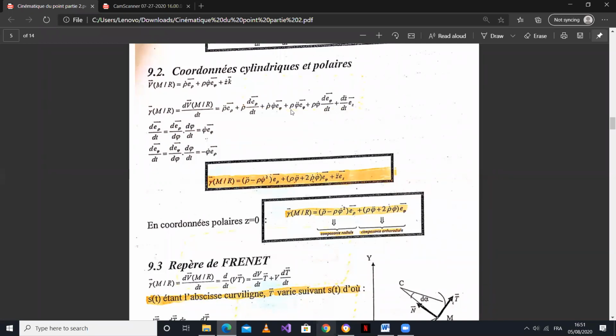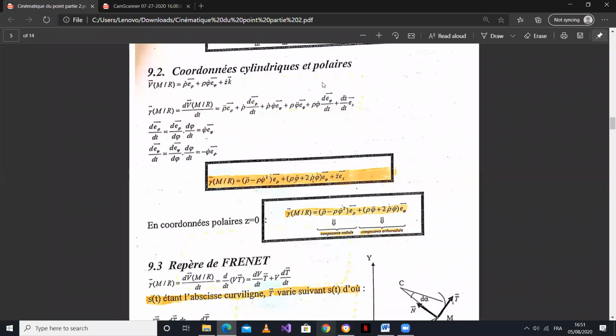That's why we have the rho phi 2 points e_phi. And then finally, we are going to derive e_phi, keeping rho and phi point constant. Okay, so we'll have rho phi point d e_phi sur dt. That's why we have this here, rho phi point d e_phi sur dt.